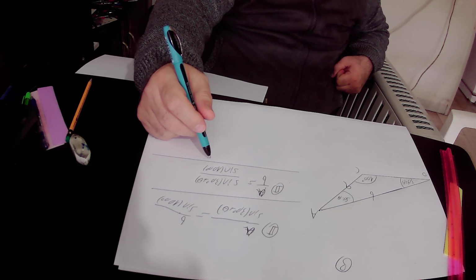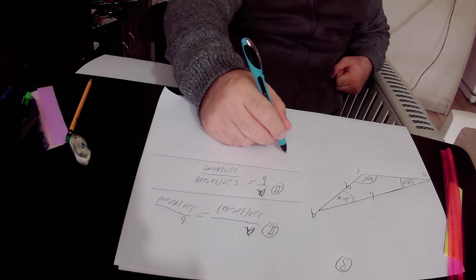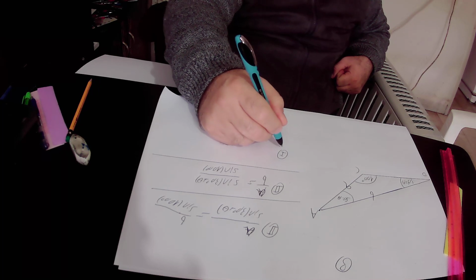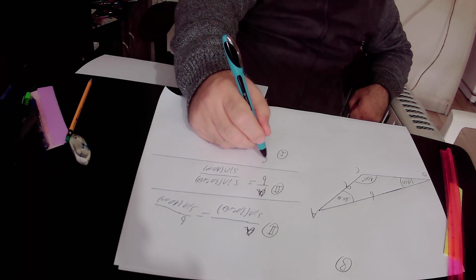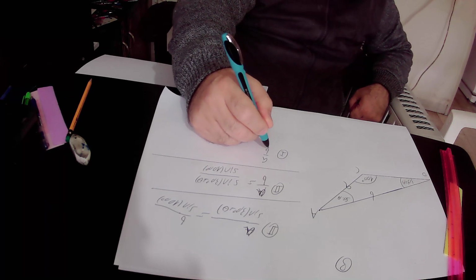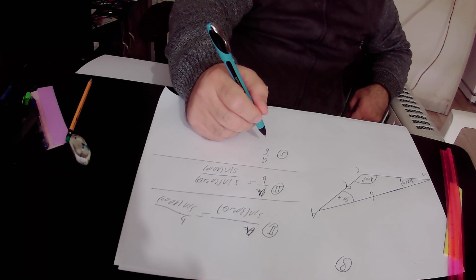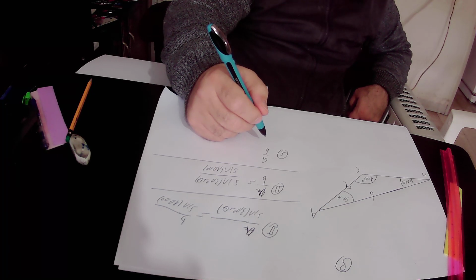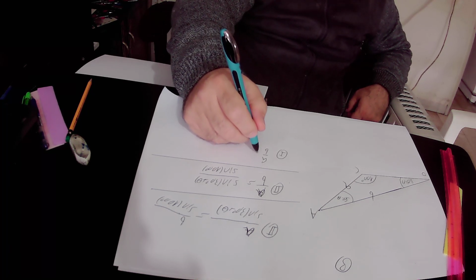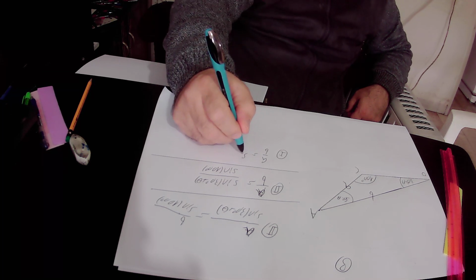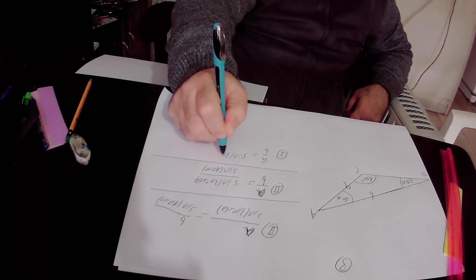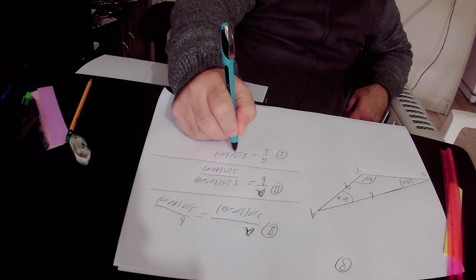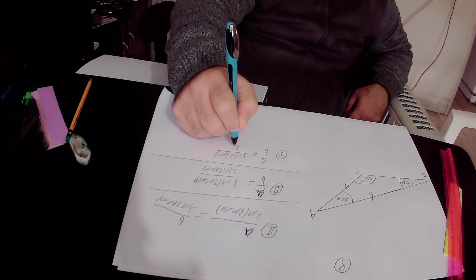And according to equation number 1, A over B equals sine 30 degrees over sine 50 degrees.